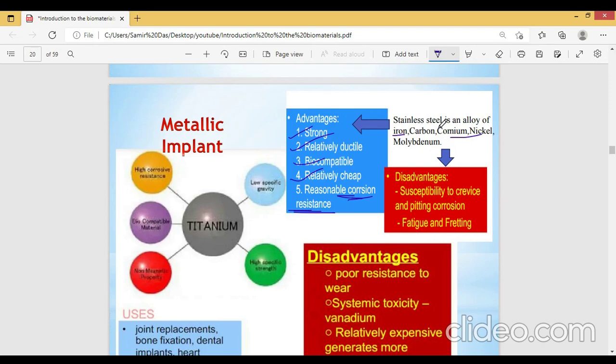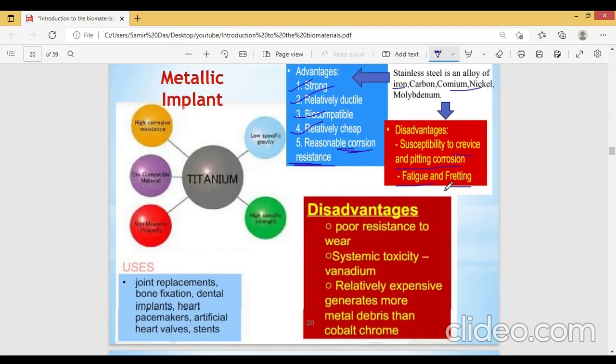The disadvantages are susceptibility to crevice and pitting corrosion as well as fatigue and fretting. They are much more prone to fatigue and fretting corrosion as well as pitting corrosion. But wear is less. The corrosion due to wear is very low because of the strength and high Young's modulus.